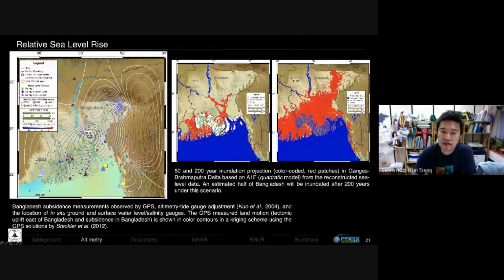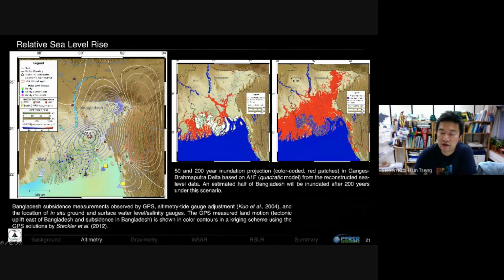And you can see we can have some projections. The red areas are the projection of sea level rise. When the land keeps going down and the sea surface keeps going up, what is the inundation area? The middle figure is a 100-year projection, and the right is a 200-year projection.